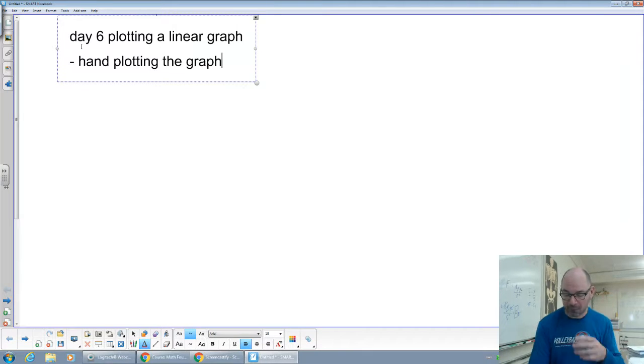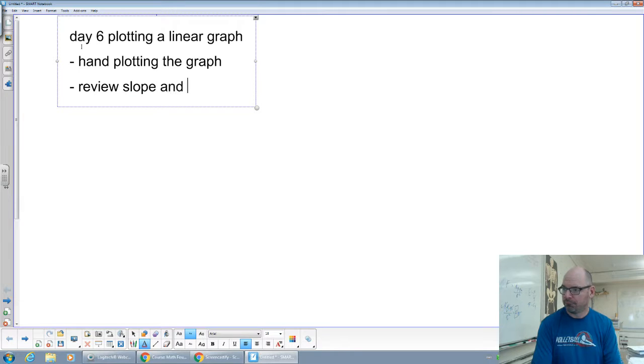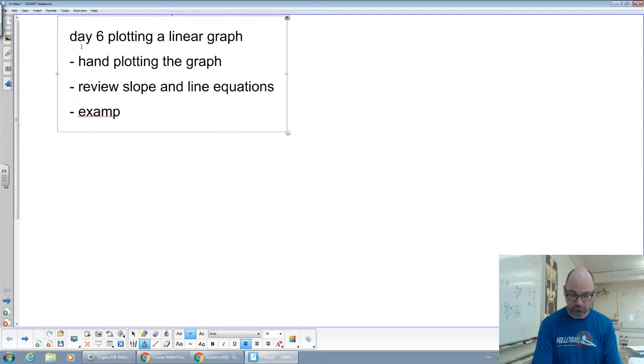We're going to be looking at the slope and line equations review, and we're going to do an example or two. And that's probably what we'll do today. So some graph paper being handy is a good idea.